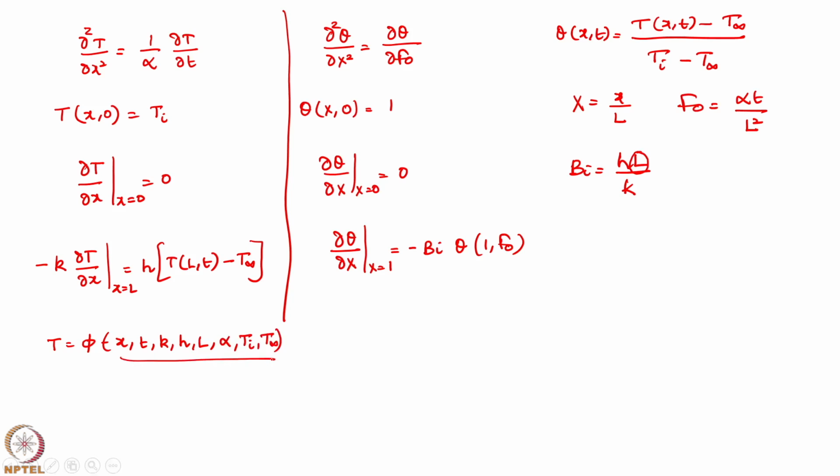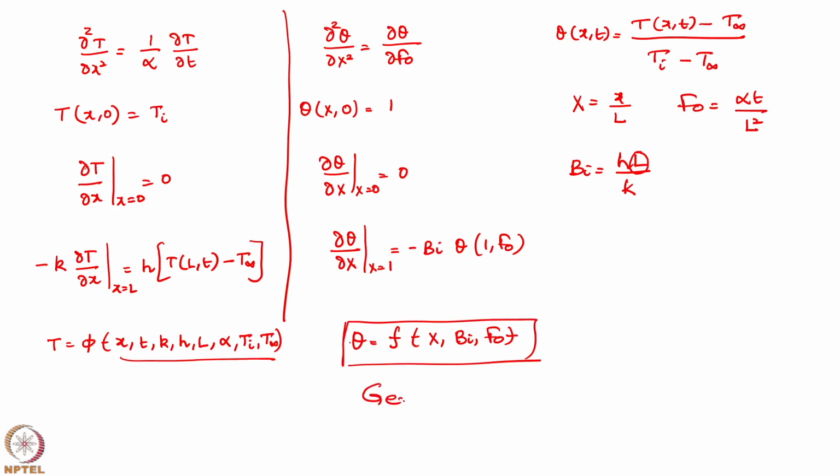But now if you reduce it, theta is only a function of capital X, Biot number and Fourier number. So my temperature distribution is more generic when I get the temperature distribution in terms of theta.